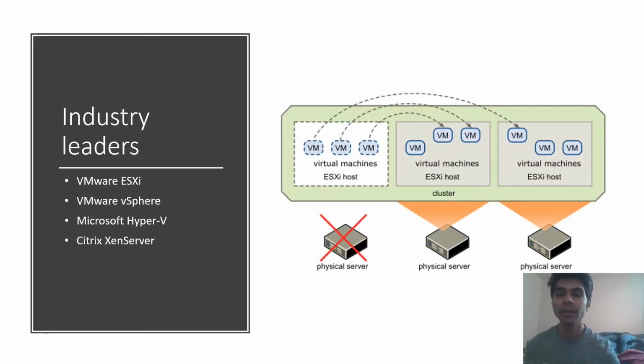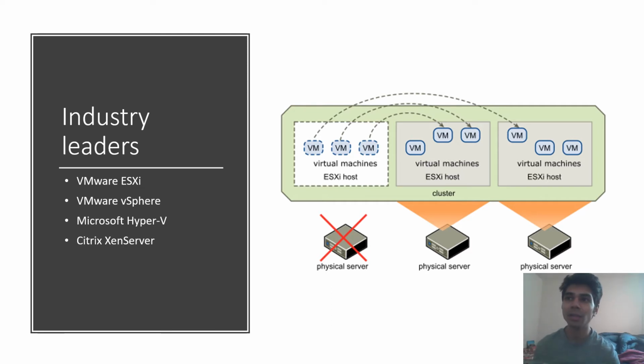So here we look at examples of the leading industrial organizations that work in virtualization technology. We have VMware ESXi and VMware's vSphere as the leading products. And we have Microsoft developing their Hyper-V, and Citrix, which predominantly works with data storage and virtualization tools.